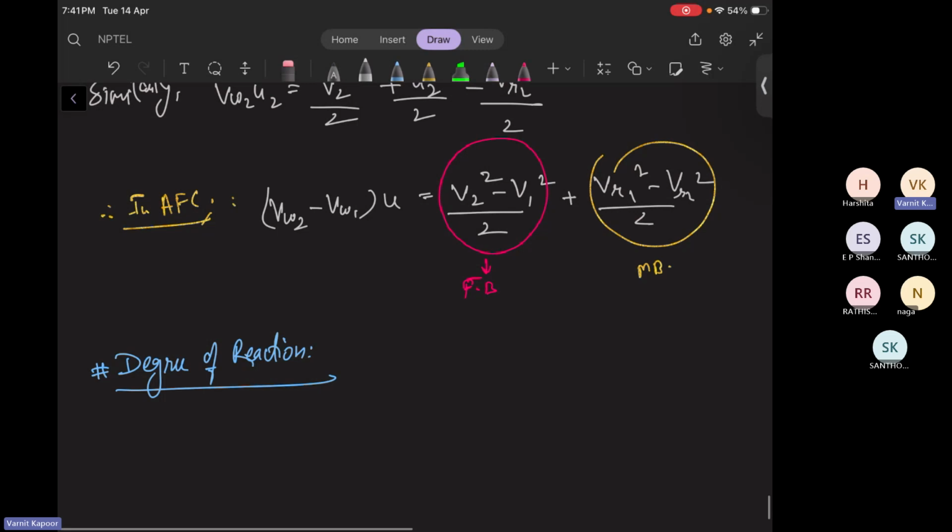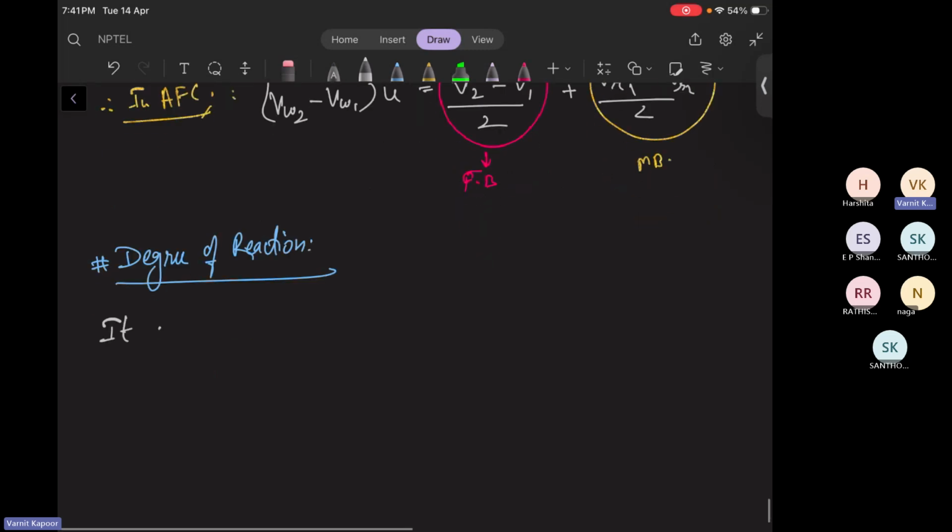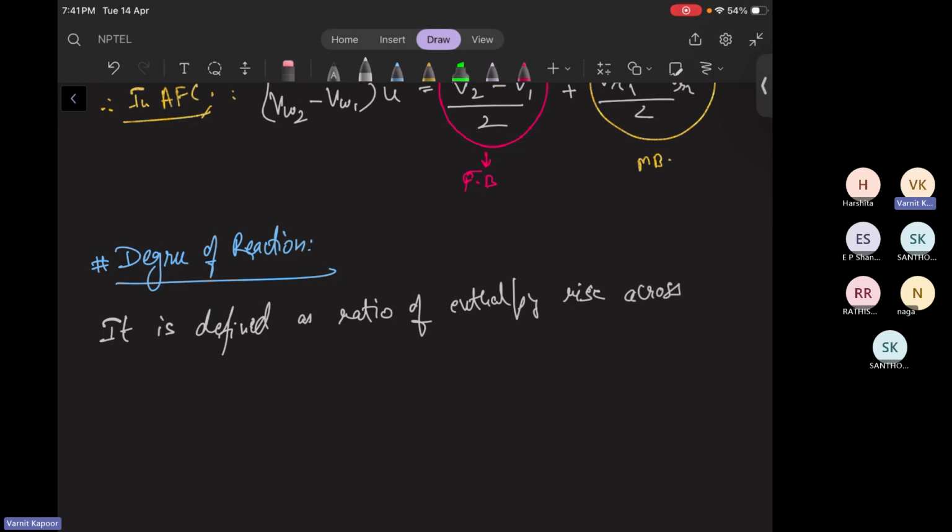Now let us define one terminology that is called as degree of reaction. Degree of reaction is nothing but ratio of enthalpy rise across the moving blade to that of enthalpy rise across one stage, complete stage. It is defined as the ratio of enthalpy rise across moving blade to that of enthalpy rise across stage.